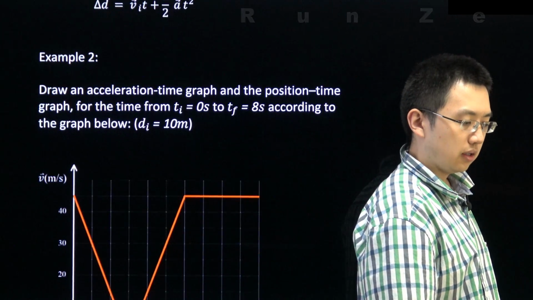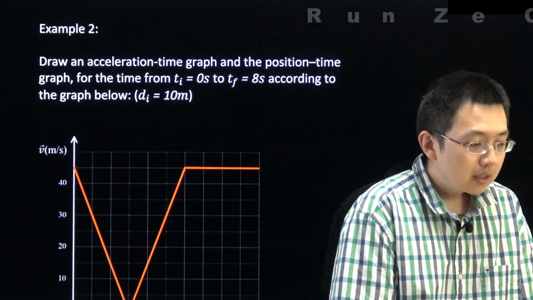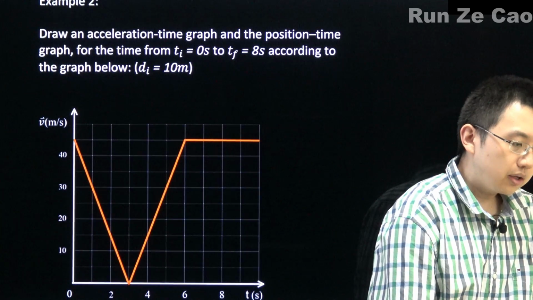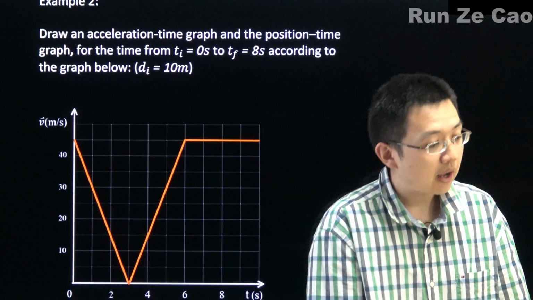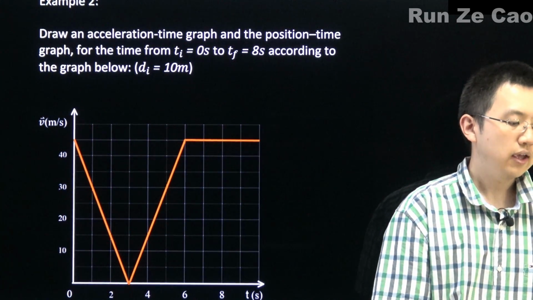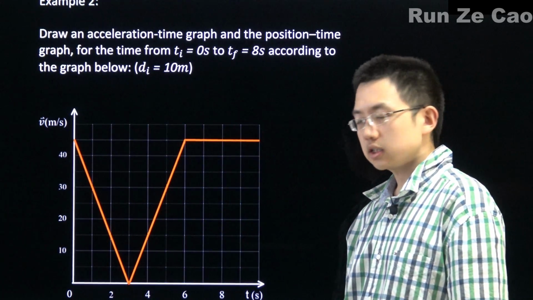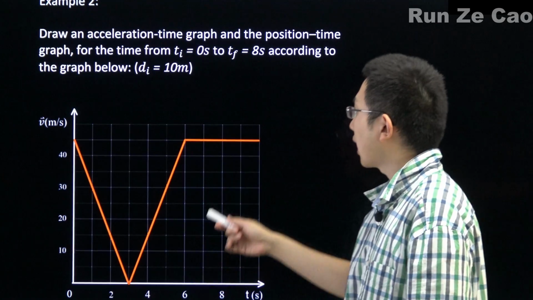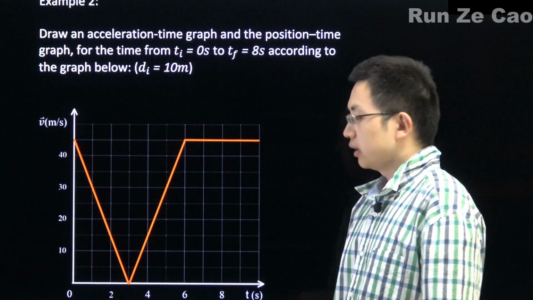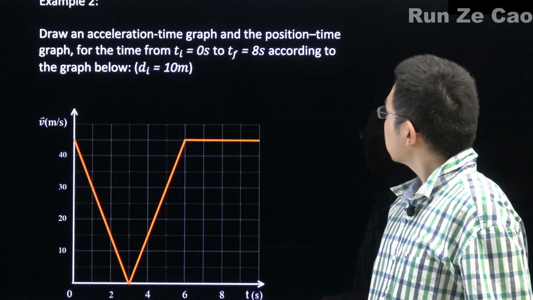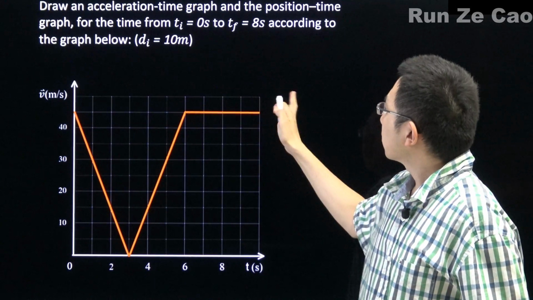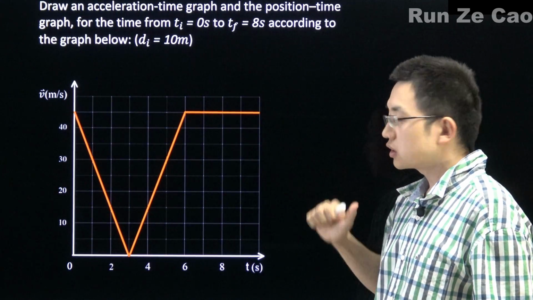So let's do our next example. In this example, we need to draw an acceleration time graph and a position time graph. And here we only give an initial position because the acceleration can be found purely by looking at the velocity time graph. And it's from 0 seconds to 8 seconds, which means this part here we can ignore, which is nice.